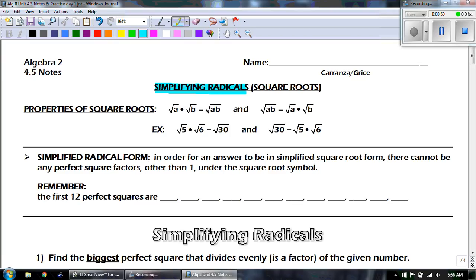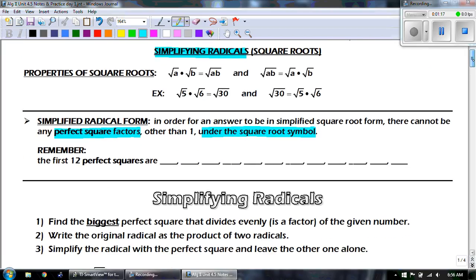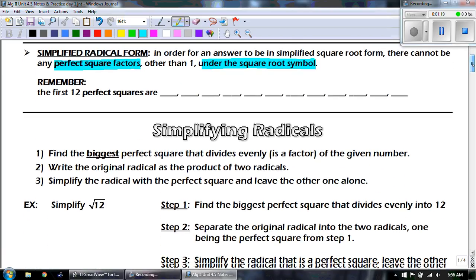In order for an answer to be simplified in square root form, there cannot be any perfect squares other than one under the square root symbol. So we're trying to break them up, to factor them by perfect squares.